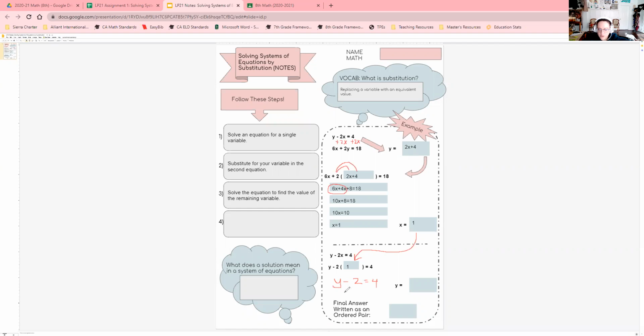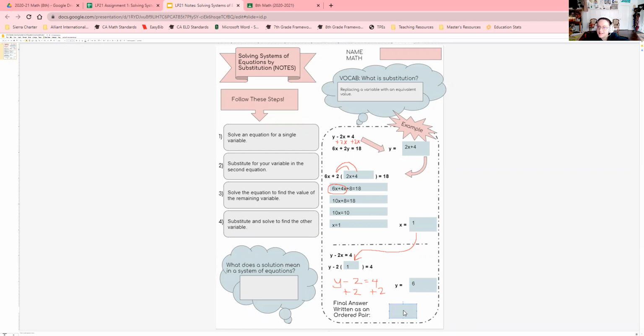You can add 2 to both sides, and we find out that y equals 6. So the very last step is to substitute and solve to find the other variable. We know we have y equals 6.